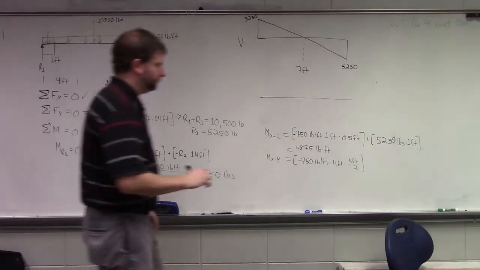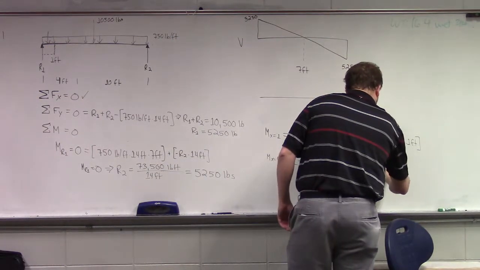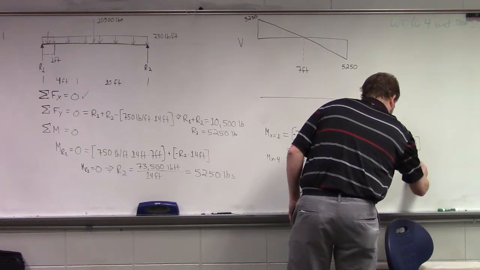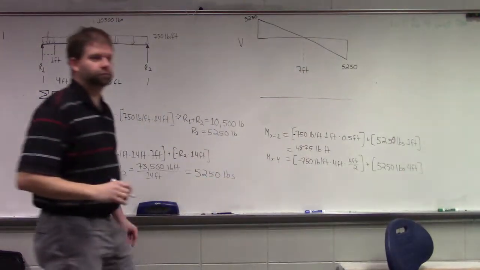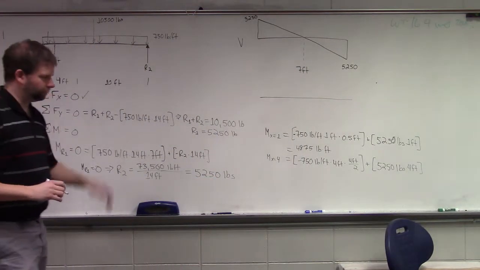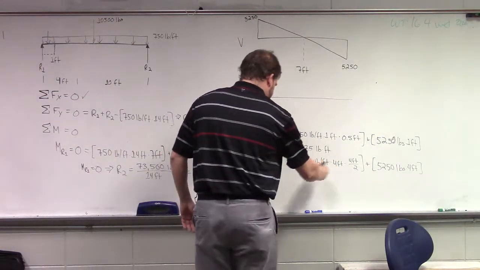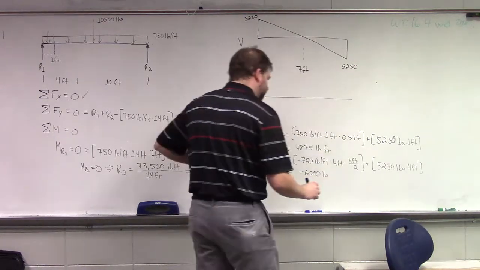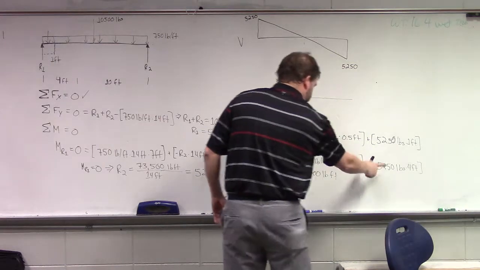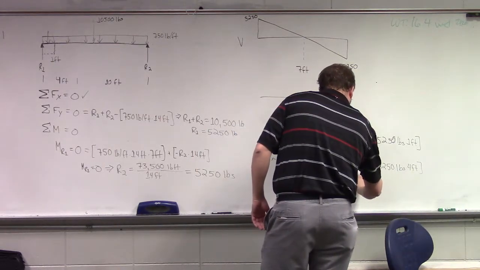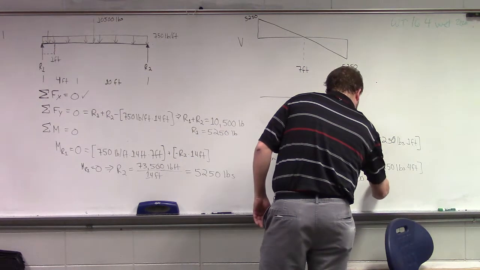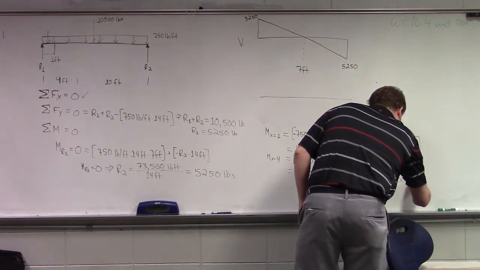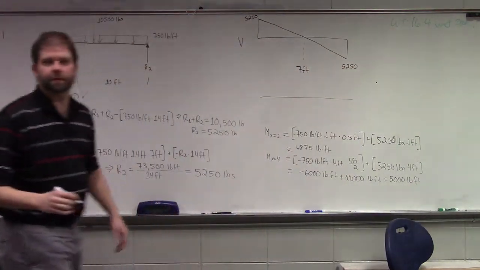And then plus 5250 times 4. Okay. Minus 6,000. Plus 11,000. Okay.